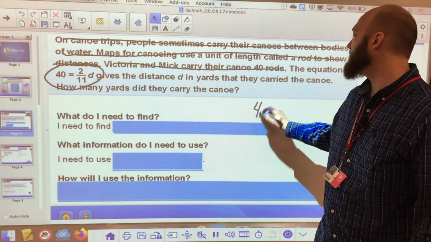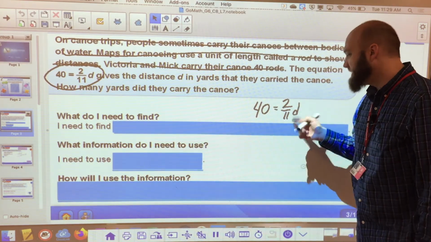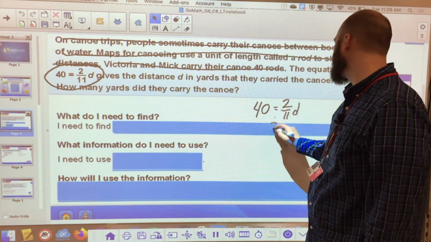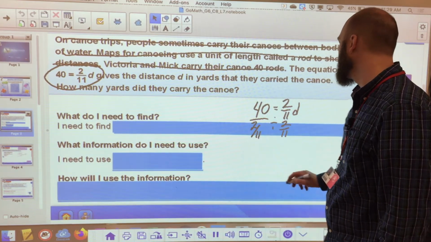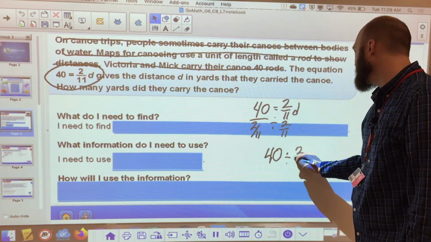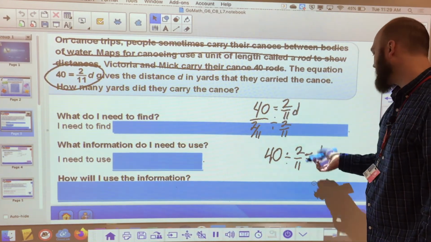Start with the equation. 40 equals 2/11 d. Instead of multiplying by 2/11, I'm going to divide by 2/11. So I end up with 40 divided by 2/11 equals d. Doing the inverse operation, right?